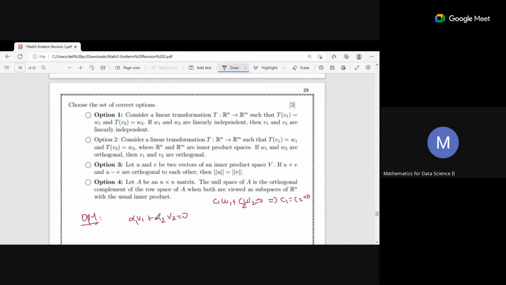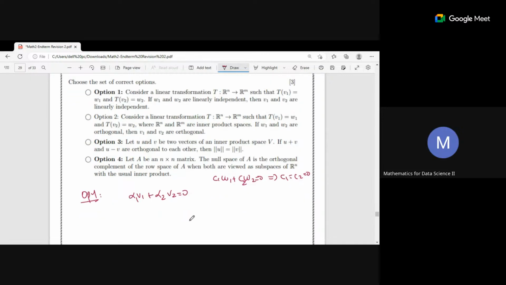You want to prove that alpha 1 and alpha 2 are 0. So you simply take the transformation on both sides: alpha 1 W1 plus alpha 2 W2 is 0. From this information, we know that alpha 1 and alpha 2 are 0. So V1 and V2 are linearly independent. This is true.